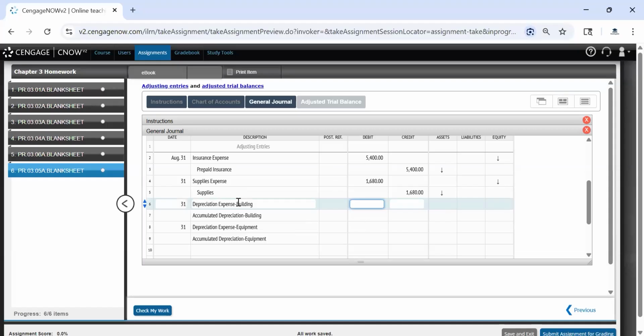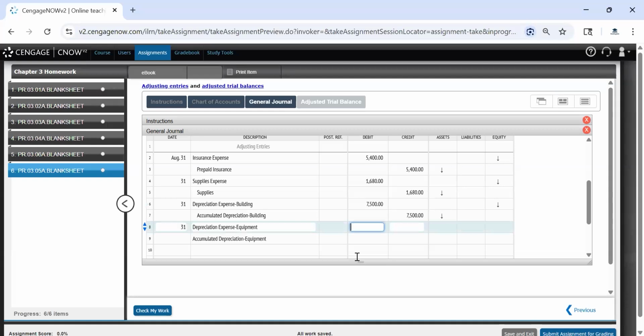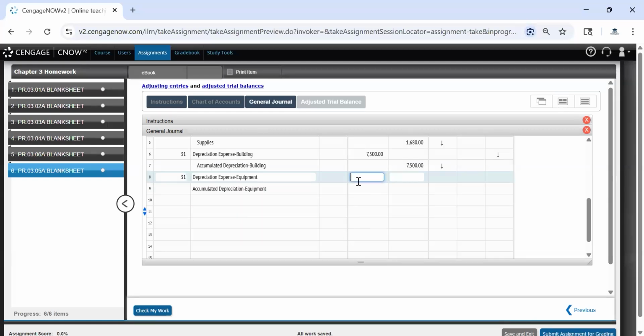So our depreciation expense building is going to be our debit, and that's 7,500. And then our credit is to accumulated depreciation, which is that contra account for an asset. So it reduces our asset, our net book value of our buildings. And then depreciation expense, equipment, that's going to be 6,000. Accumulated depreciation, 6,000.